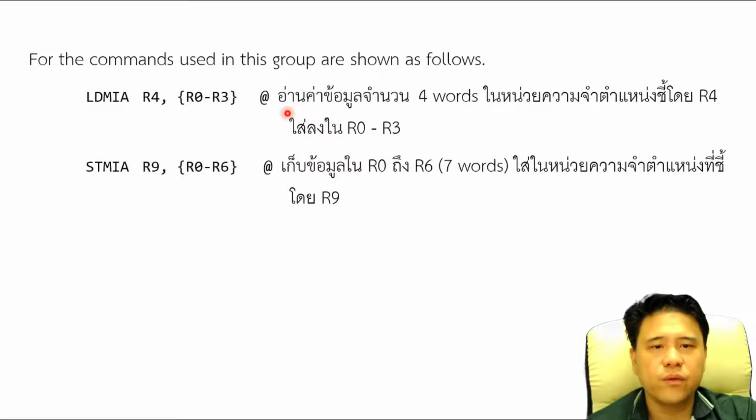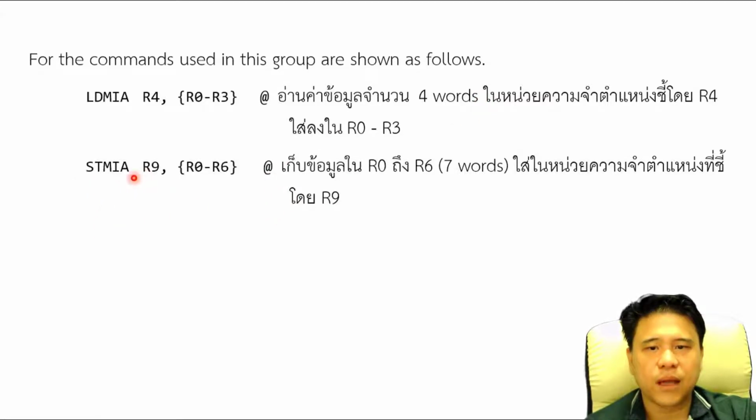This one will read the values pointed to by R4 and put them into R1, R2 and R3 respectively. Okay, and this one reads forwards. Because the registers are 32-bit, that's why they need to read forward.